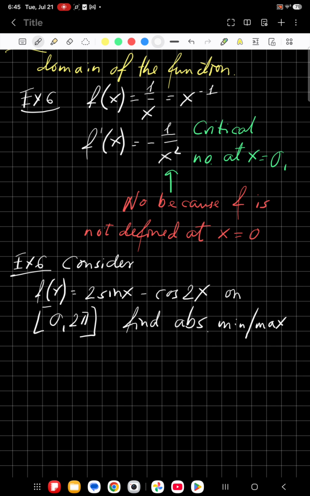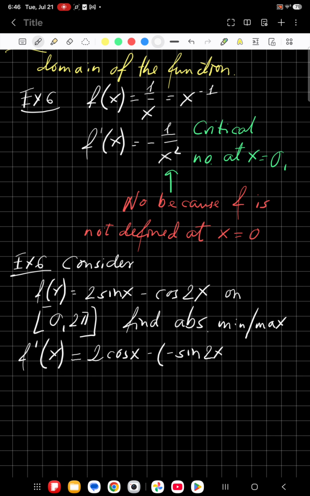Okay, so first step, it seems like a lot of problems begin with that derivative. So if you don't know what to do, take a derivative. Okay, so derivative of 2 sine x minus cosine 2x. Derivative of sine x is just cosine x, so 2 cosine x. Now the derivative of cosine is negative sine of 2x.